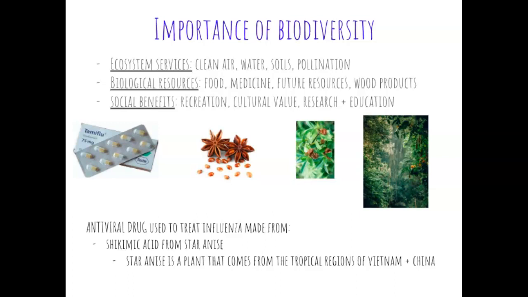So I've touched on the fact that a lot of drugs come from tropical regions. Just to give you an example, the antiviral drug Tamiflu that's used to treat the flu, a recently developed drug, is made from shikimic acid that comes from star anise.